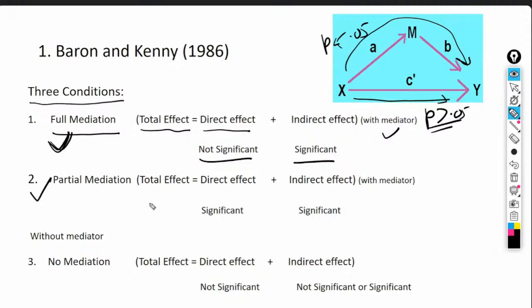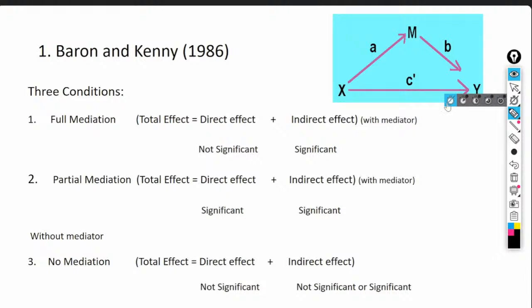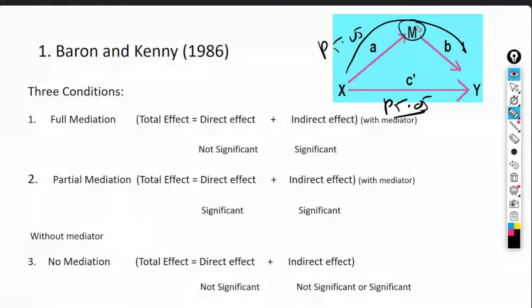mediating variable fully controls the relationship between x and y. Second is partial mediation. The total effect equals the direct effect plus the indirect effect. If both the direct effect and the indirect effect are significant, it means this mediating variable is not fully controlling x and y, because with the presence of this mediating variable there is still a significant relationship.